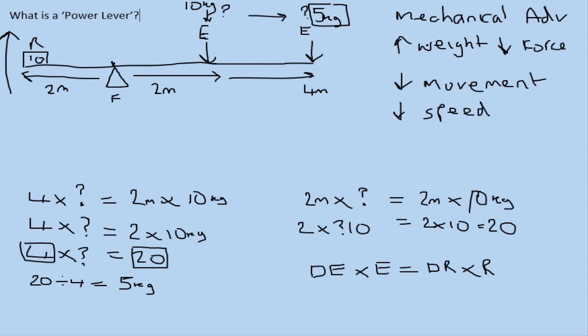But like I said, in summary, these are power levers, and they are present in the human body. We are able to lift things for a minimum amount of effort. However, they are the less frequent lever system in our body.